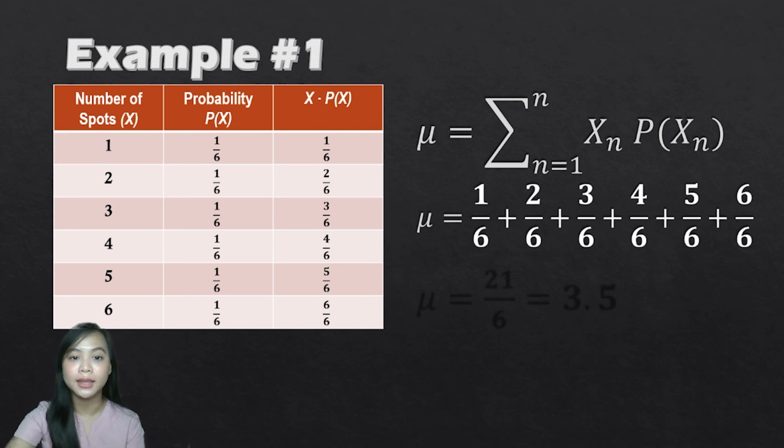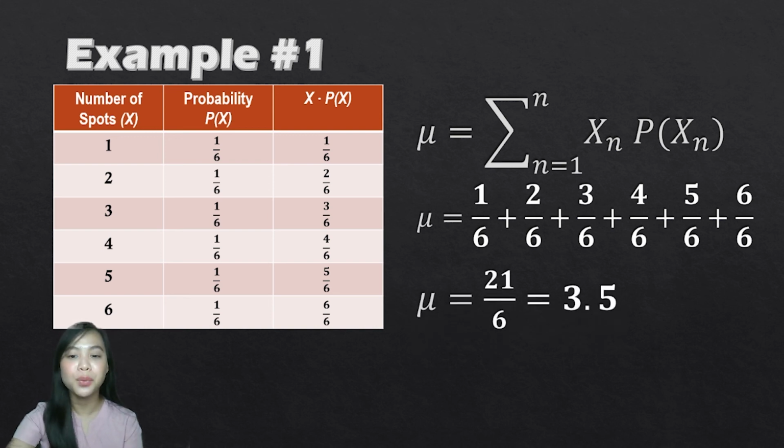We just add the values in our third column: 1 over 6 plus 2 over 6 plus 3 over 6 plus 4 over 6 plus 5 over 6 plus 6 over 6. Since these fractions have the same denominator, we simply add the numerators: 1 plus 2 plus 3 plus 4 plus 5 plus 6, which is equal to 21 over 6. So the mean is equal to 21 over 6, or simply 3.5.